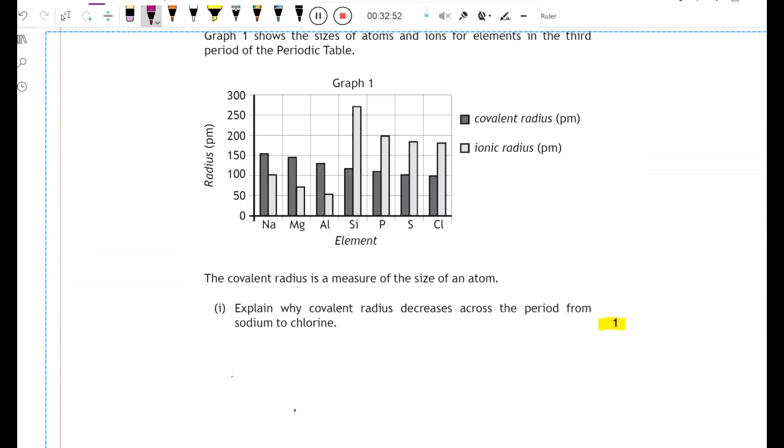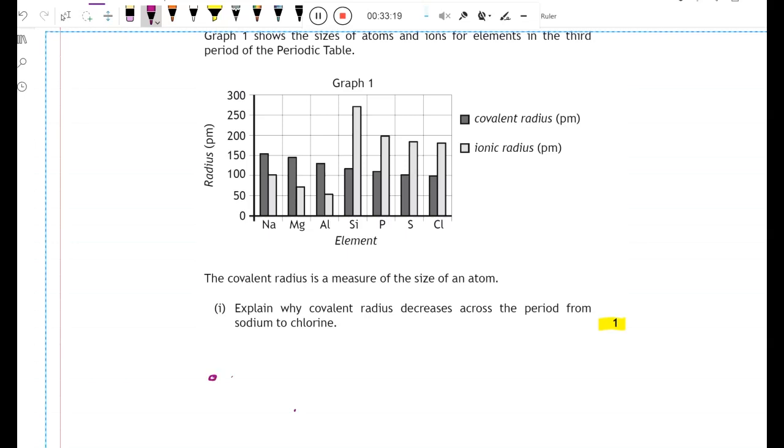Explain why covalent radius decreases across the period from sodium to chlorine. So why does the atomic size, or the covalent radius, decrease from sodium to chlorine? In terms of answering, it's a 1 mark question.